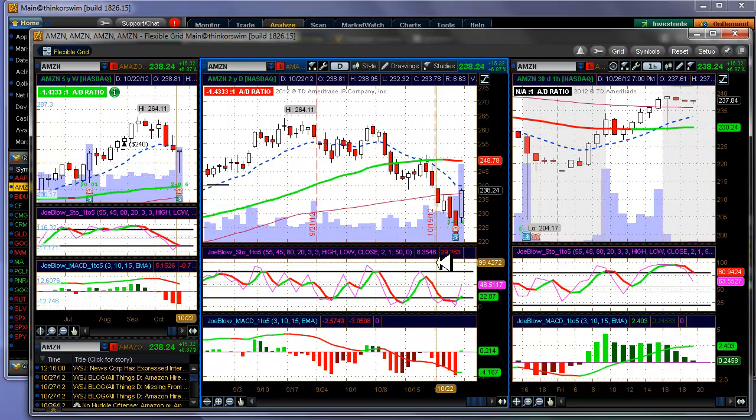Using this method, that's relatively meaningless. What I would be waiting for is for the moving average to turn green and to have the stochastic come up over 80, come back down below 20, and then that's a signal for me to get ready to get in.